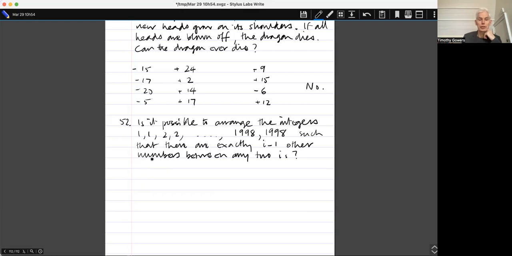So if the numbers are A1, A2, up to A3996, which is twice 1998, then I feel that I want to look at some sort of invariant, and a natural kind of invariant would be something of the form sigma lambda i ai.